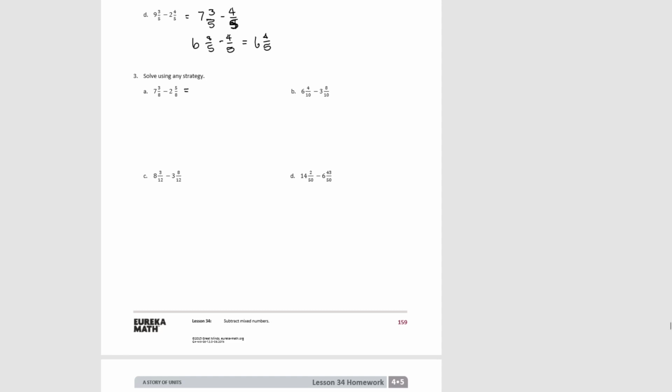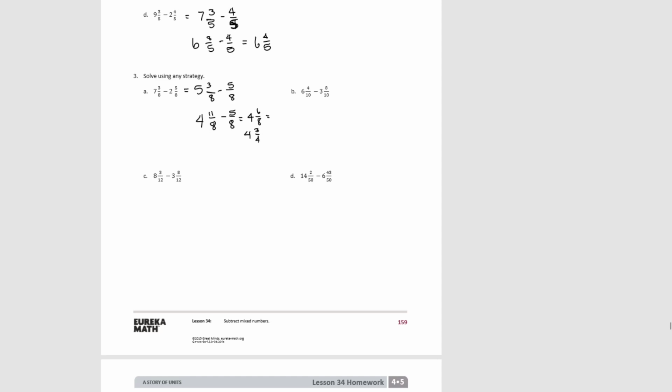For A, we're just going to subtract the 1s. We're going to rewrite this as 4 11/8 minus 5/8 would be 4 6/8, which is equal to 4 3/4.